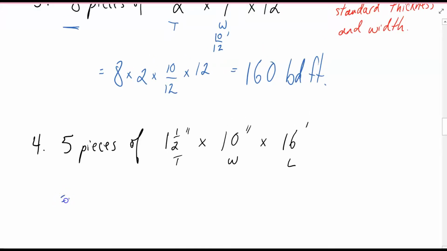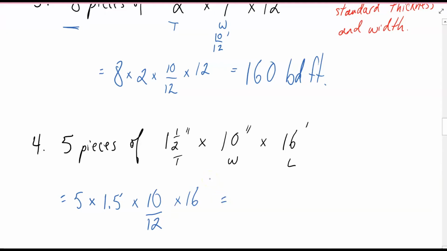All right, so this would be equal to 5 times, because we have 5 pieces of this. Now thickness, 1.5 inches. Now 6/4 was one of the standard thicknesses, and 6/4 is equal to 1.5. So 1.5, if I want to use it as a decimal, and multiply by, now with 10 inches, that is one of the standard widths, so 10 will go in there, and it's over 12 because we need to put it in feet, and 16 feet.